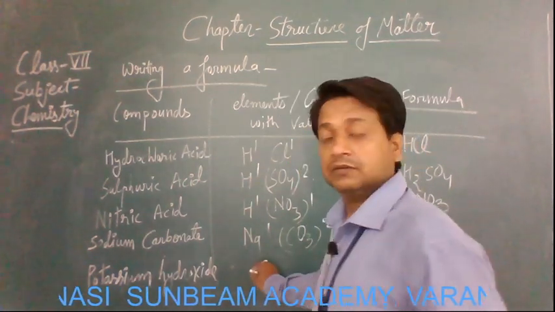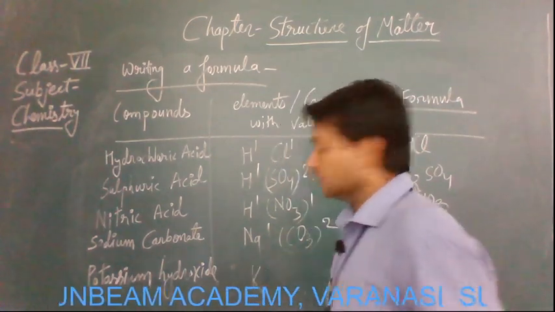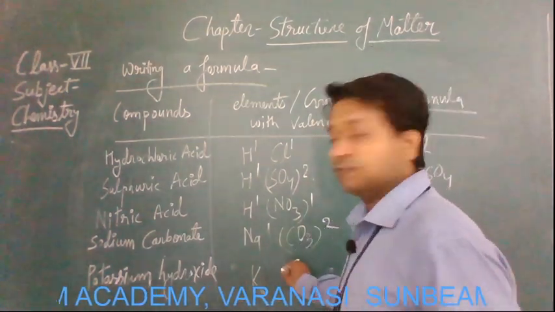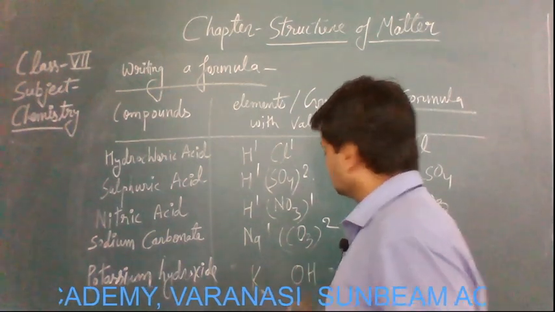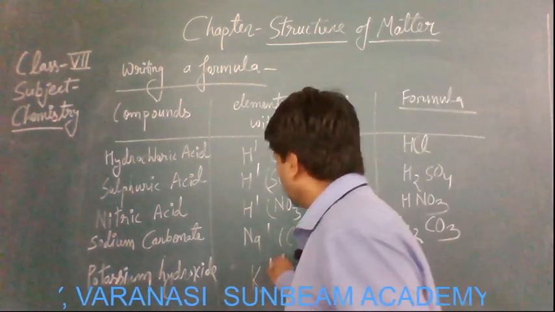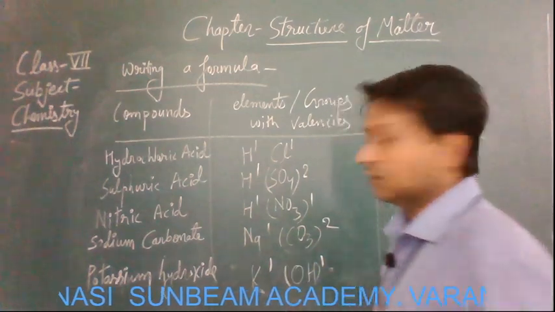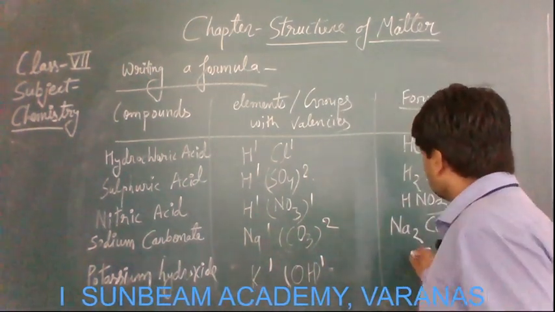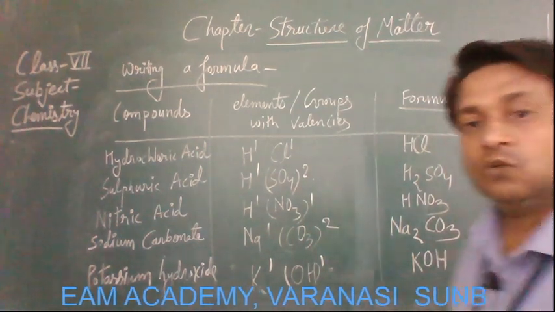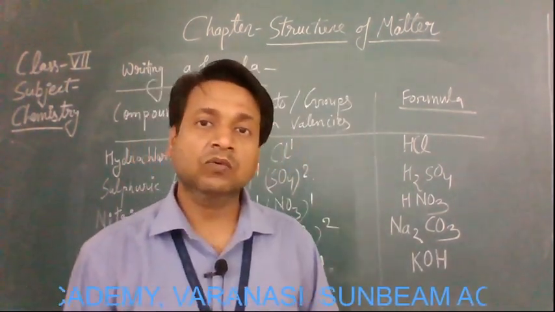It has the element potassium, that is K. The symbol of potassium is K and hydroxide is a group and the formula is OH. Now the valency of potassium is 1 and the valency of hydroxide is 1. Now exchange the valencies and we will get the formula, that is KOH. So potassium hydroxide has the formula KOH.